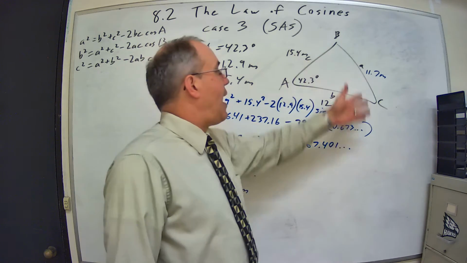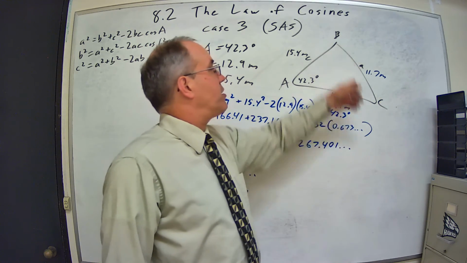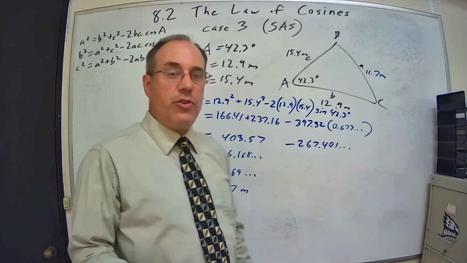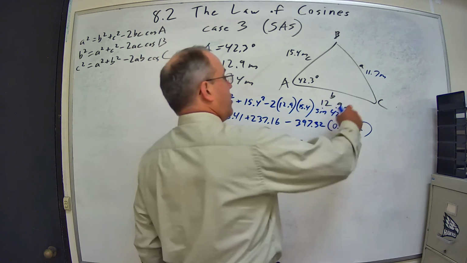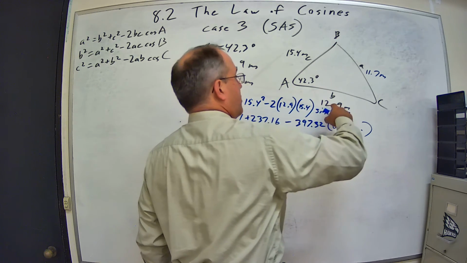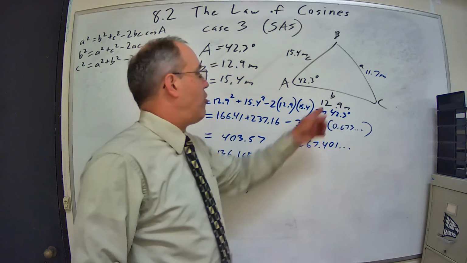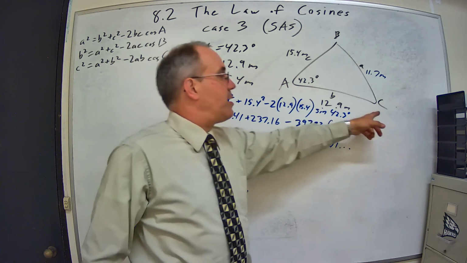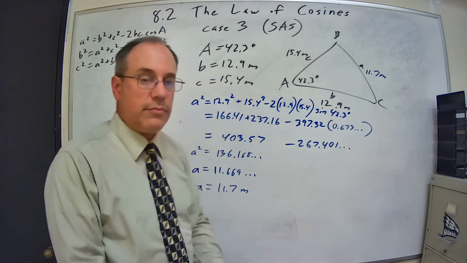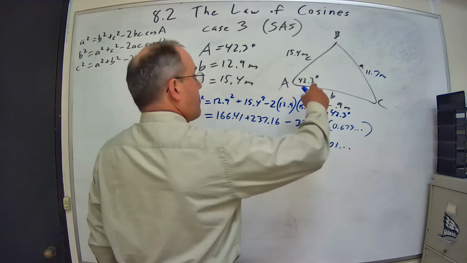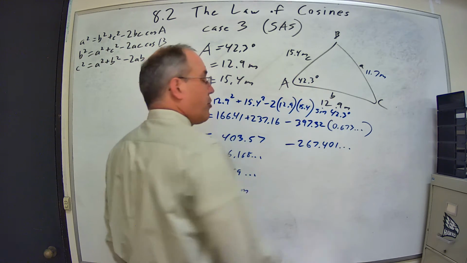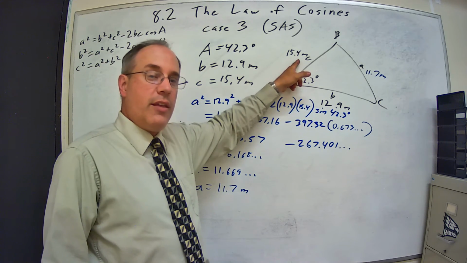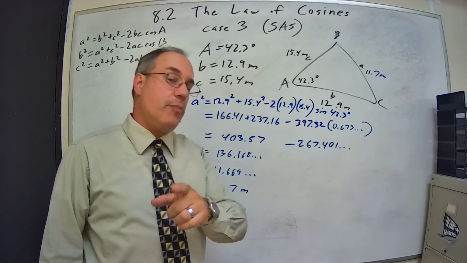So when we decide which angle we want to find next, the wisest thing to do is use the smaller of the remaining sides. I've got 12.9, I'm trying to find angle B. I've got 15.4, I'm trying to find angle C. The reason I say use the smaller side is because the larger side is the only one that could possibly be obtuse.